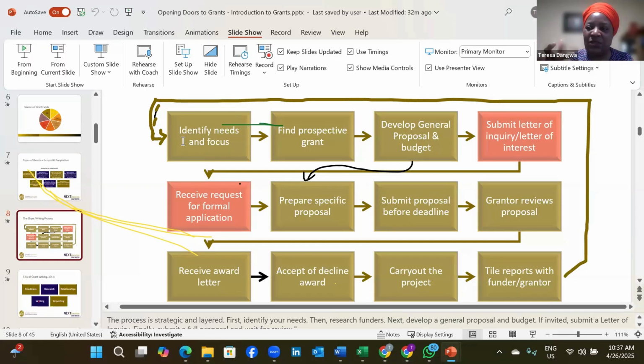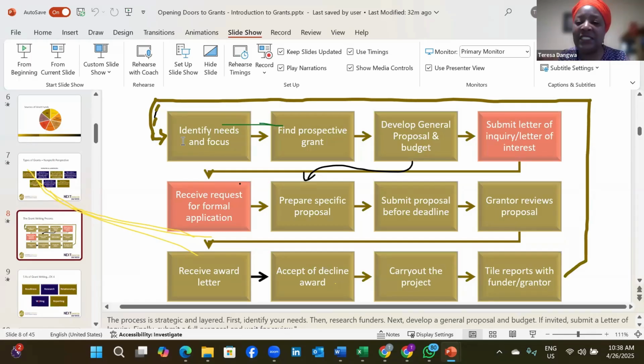I know we are used to saying, let's find the money, and then we do projects that are being funded, which sometimes takes us away from our mission, because we are following the money rather than identifying our need, identifying our focus, and then looking for money that meets that need or that focus. So you identify your need, and then you find your prospective grant.